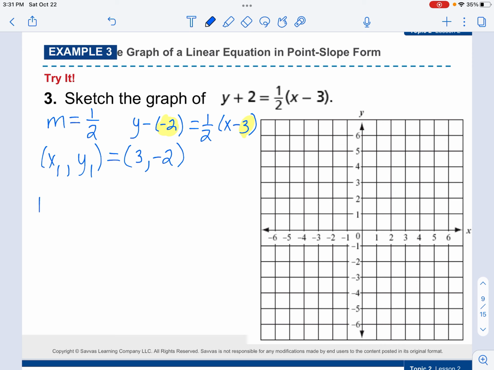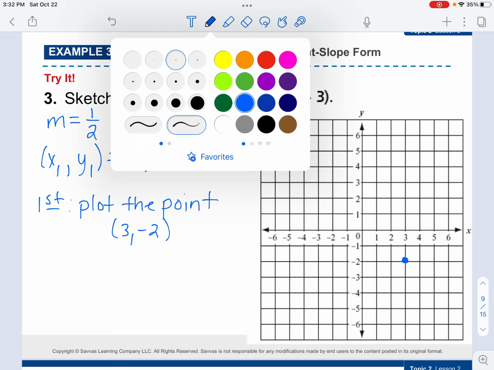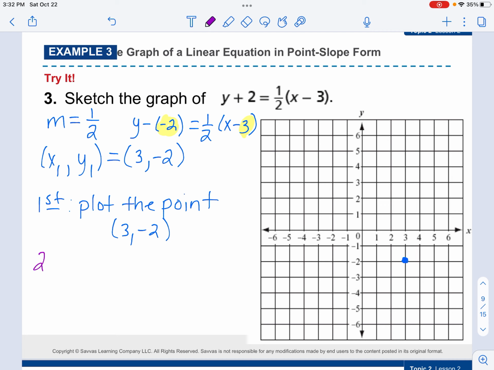So first, plot the point. Three, -2. Second, use the slope.